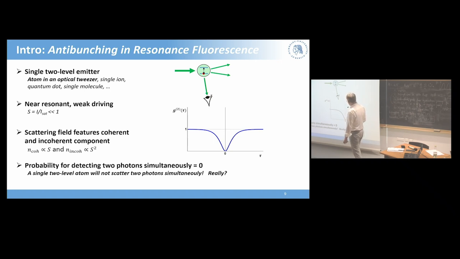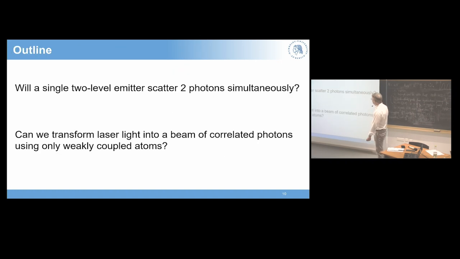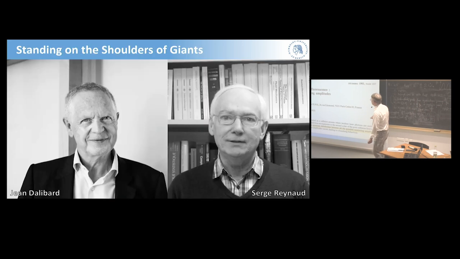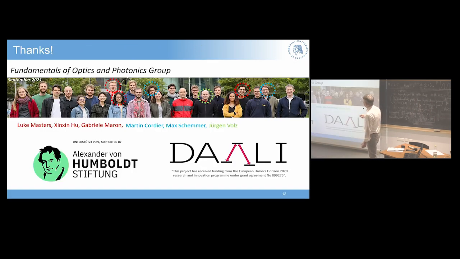And again, the reason why I can ask that question is because we're standing on the shoulders of giants, and this is important before going on, because I may run out of time at the end. I would like to thank the people that really did the work. So it's the PhD student Luke Masters and Gabriele Maron, and Chin Hu is a postdoc, and they were in the experiment.